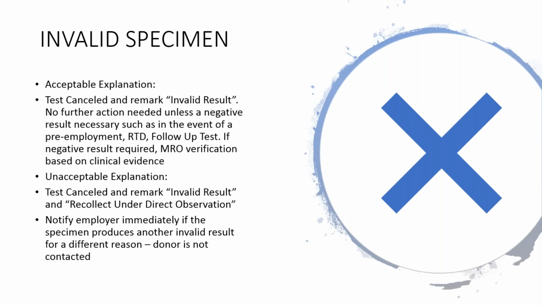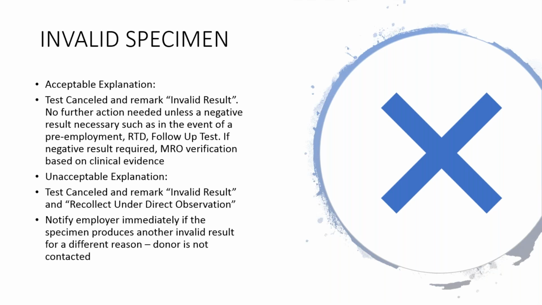Invalid specimens. You have acceptable explanations and you have unacceptable explanations. With an acceptable explanation, the test is canceled and remarked invalid result. No further action is needed unless a negative result is necessary, such as in the event of pre-employment, return to duty, or follow-up testing. If the negative result is required, MRO verification is based on clinical evidence.